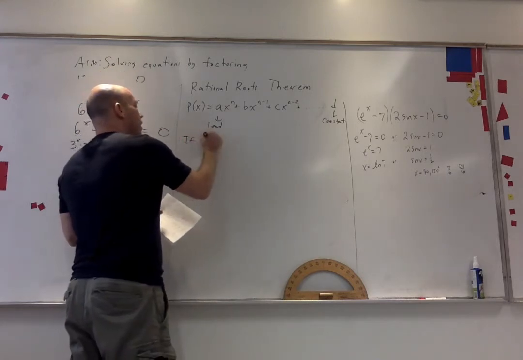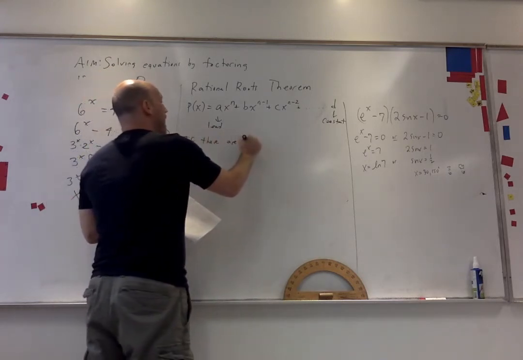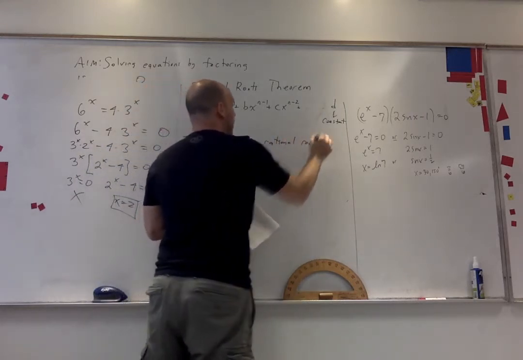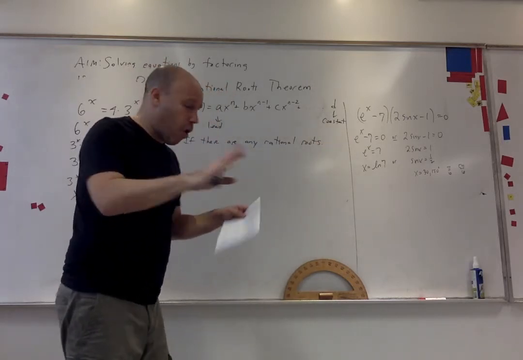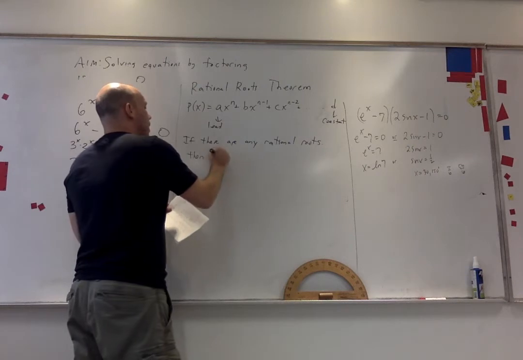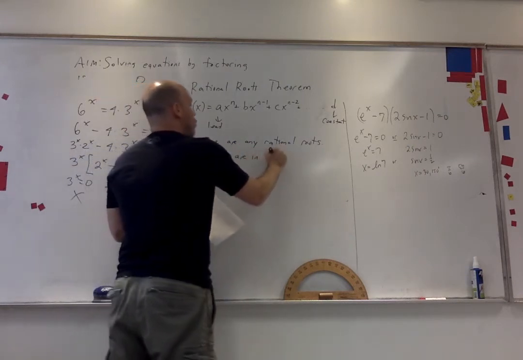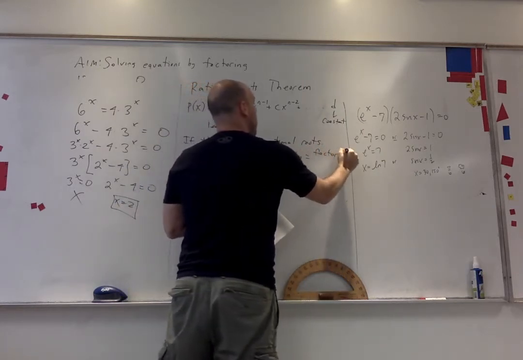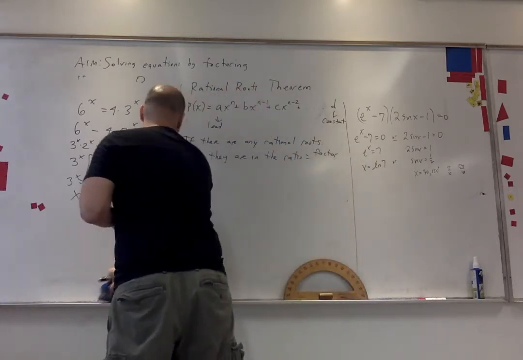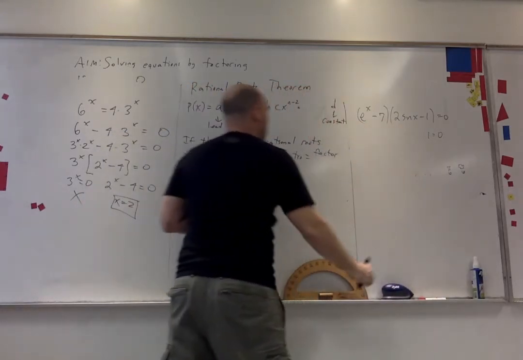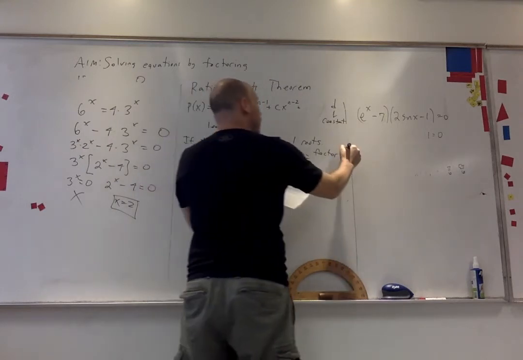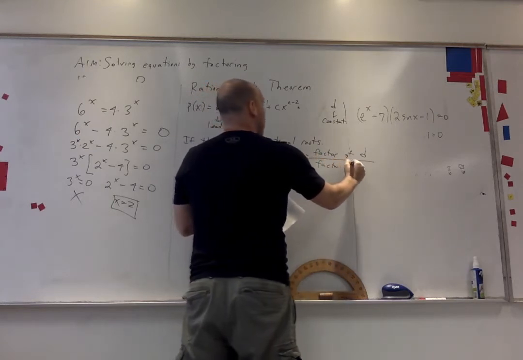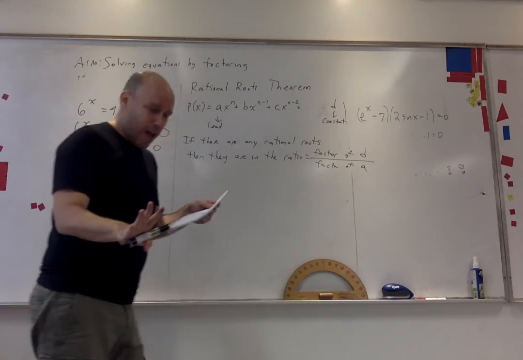So if there are any rational roots, and I'm saying there might not be, if there are, then they are in the ratio of the factor of the constant d over a factor of the lead. This is kind of interesting.